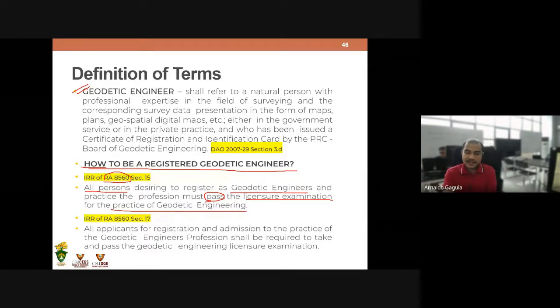At makapasar og licensure exam. And all applicants, no, for registration and admission of the practice of the geodetic engineer's profession shall require to take and pass the geodetic engineering licensure examination, or kanang gitawag natong GELA.